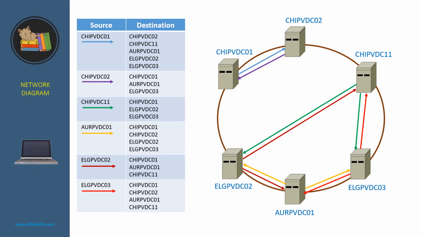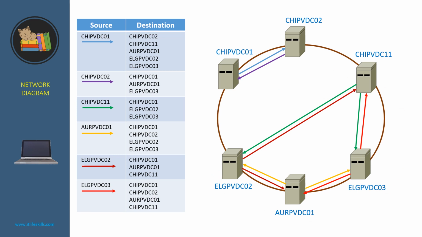Let's now draw the replication connections between domain controllers in the domain it_lifeskills.local and the domain controllers in the domain hq.it_lifeskills.local.